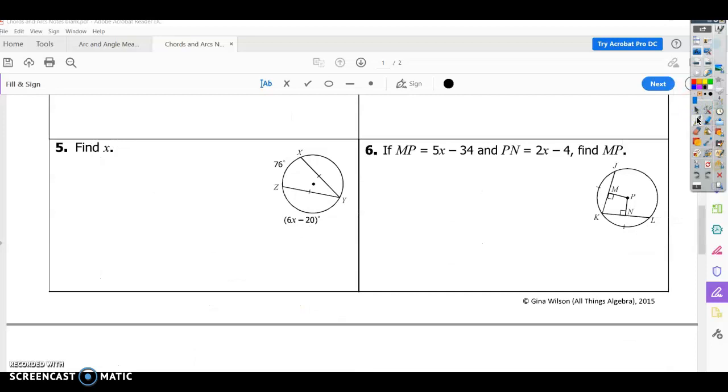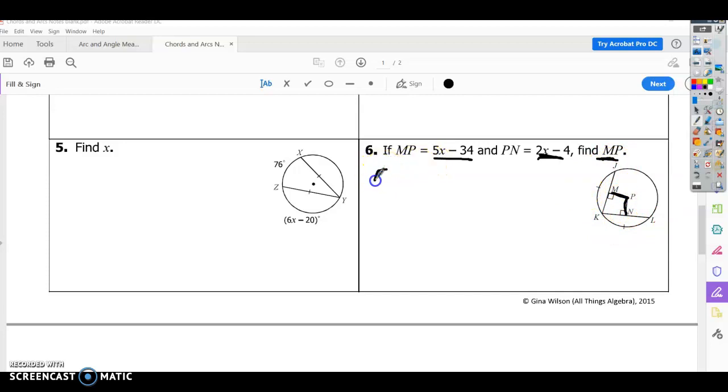All right, for number 6, it says if MP is right here, equals this, and PN is right here, and it equals this, find MP. Since these are 90s, that means those are perpendicular. Because the arcs are congruent, the chords are also congruent.